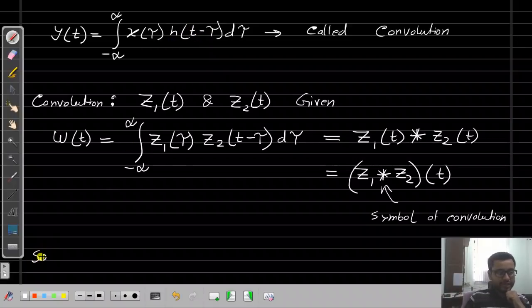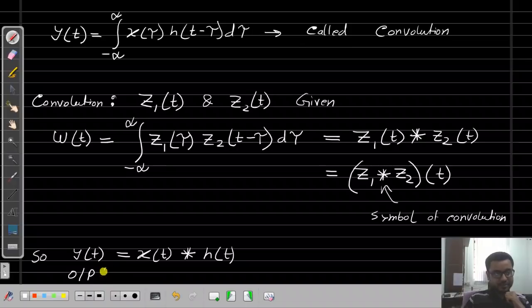So let me write, y of t is the convolution of x of t and impulse response. That means output of an LTI system is equal to input star, meaning convolution, impulse response.